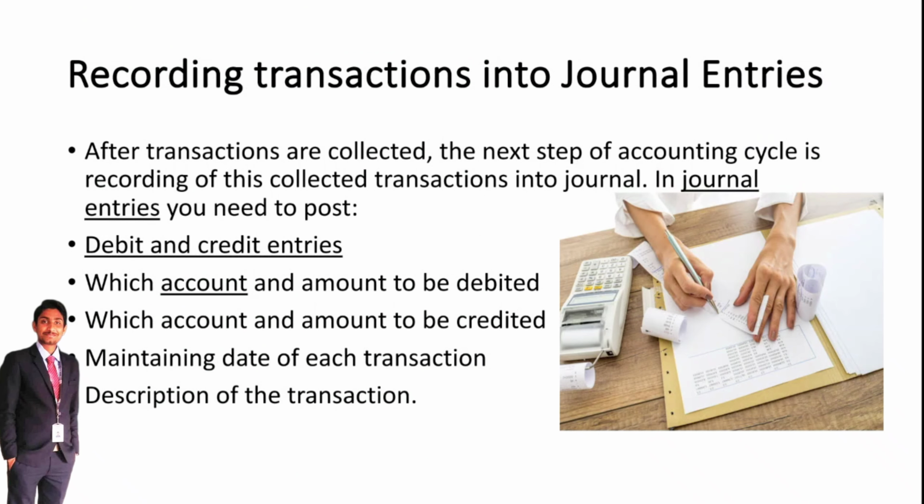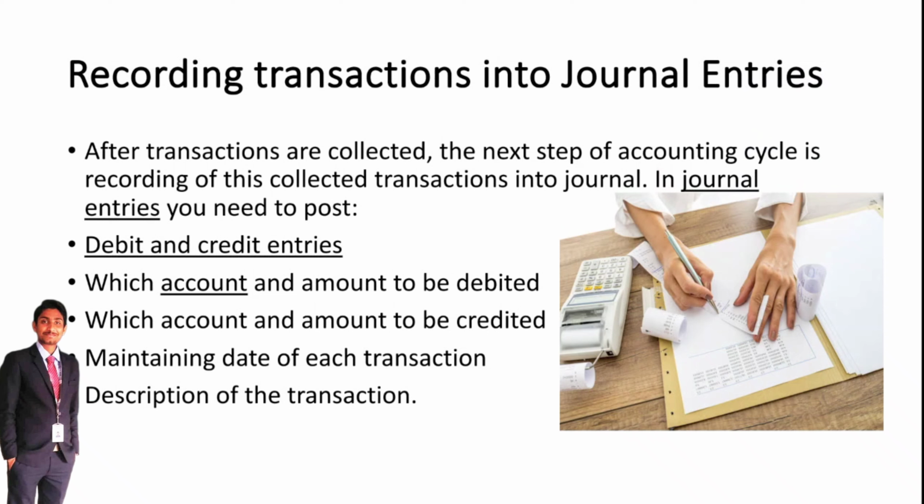The second step is recording transactions in journal entries. After collecting the transaction, the next step is recording the transaction in a journal entry. To record a journal entry, we need to record debit and credit entries in the journal. Suppose the transaction is goods purchased for cash.